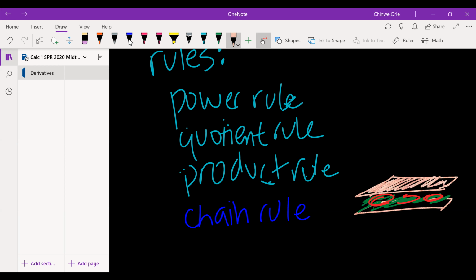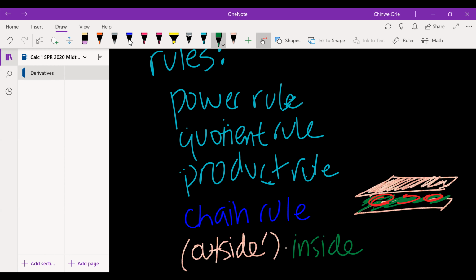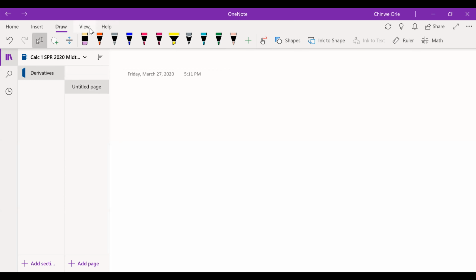You take the derivative of the outside, so we're going to call that outside prime, times the derivative of the inside. That's going to be your chain. So we're going to try a couple of examples to make sure that we have this fully under wraps.